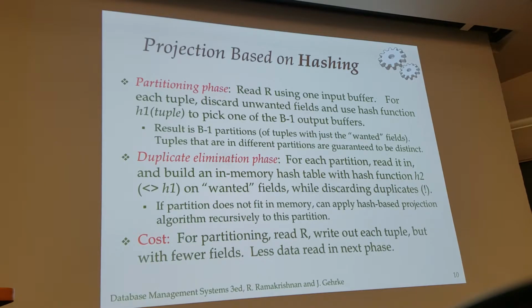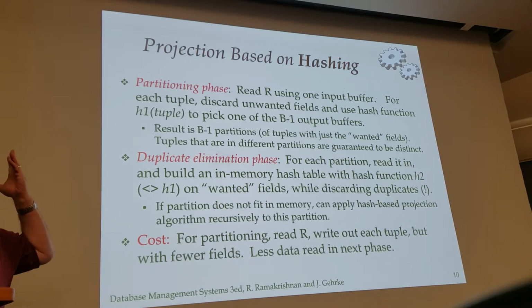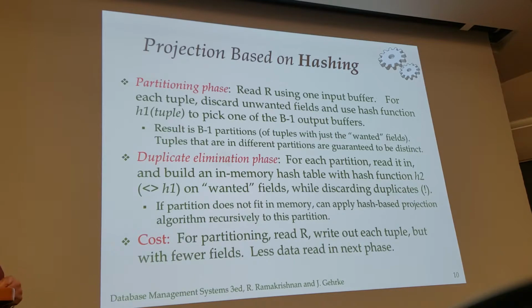However many times, this can be done independently for each one of the partitions. We can pick H1 and then H2 and then H3. We could use H2 for all the different R's, as long as H2 is different from H1. Or we could use different ones, but we might as well just use the same H2.